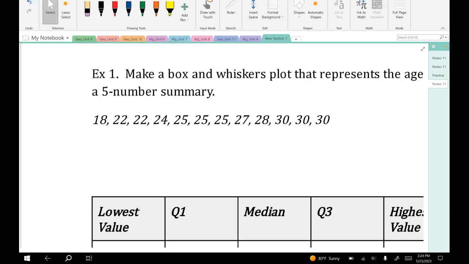To make a list on Desmos, you write capital X with a subscript of 1, which is equal to your data in brackets. That makes a list of your values.